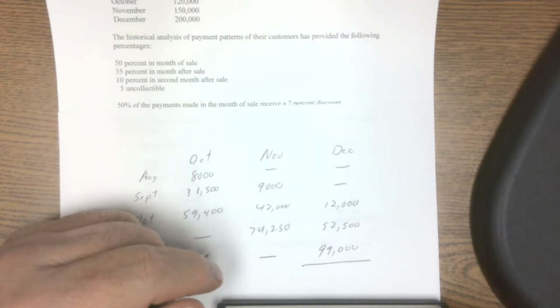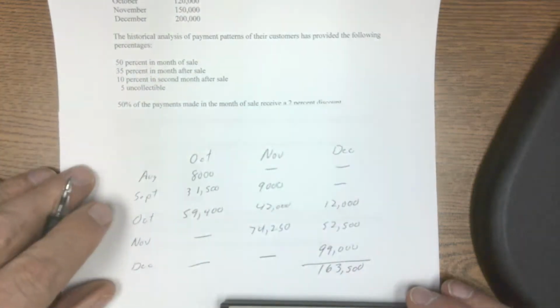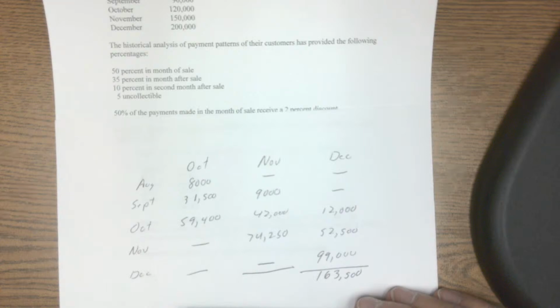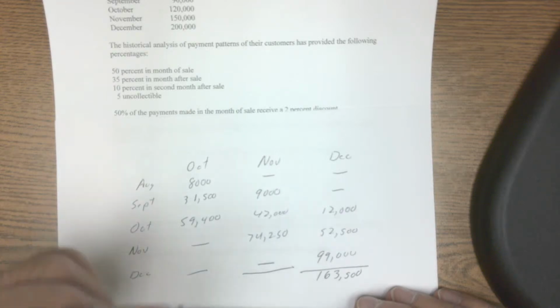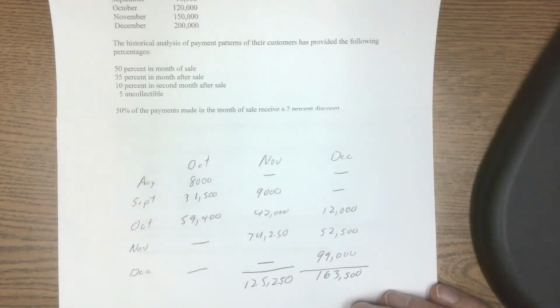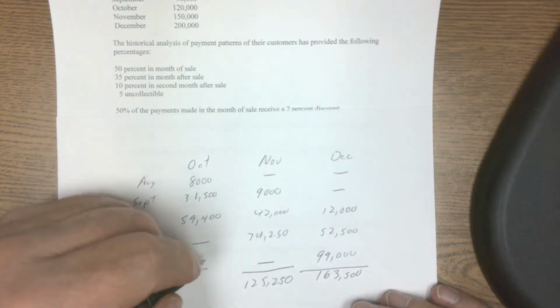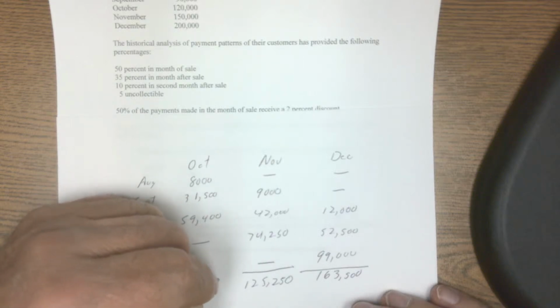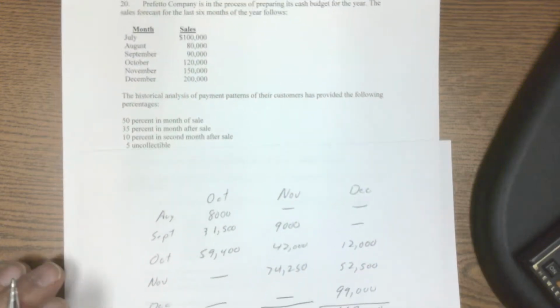And just add those up. $163,500 in December. $125,250 in November. $98,900 in October. All right, so that's that one.